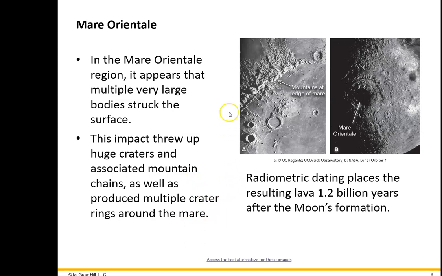Anyhow, that's just one of the Maria. That's how you say it in plural. Maria. Anyhow, the one that Apollo 11 landed in is also known as the Sea of Tranquility. I always forget how to say it in Latin. It's like Maris Tranquillus or something like that.